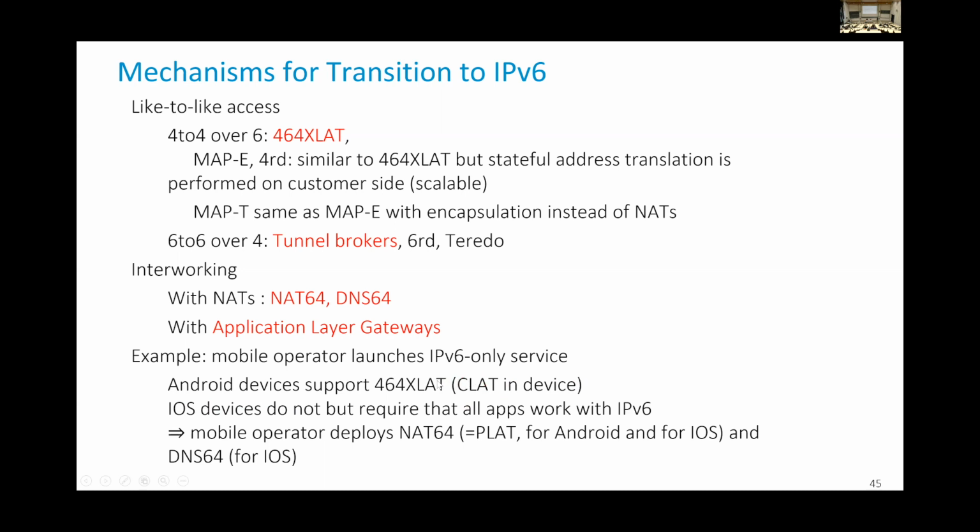Not all Android versions have it, but the high-end versions will have the CLAT. And certainly if it's deployed on an IPv6-only service, you will need it. So that will allow you to have some apps that work only with IPv4 and will speak to IPv4 servers. For a long time, that was the case of Skype, which was somehow reluctant to deploy IPv6.